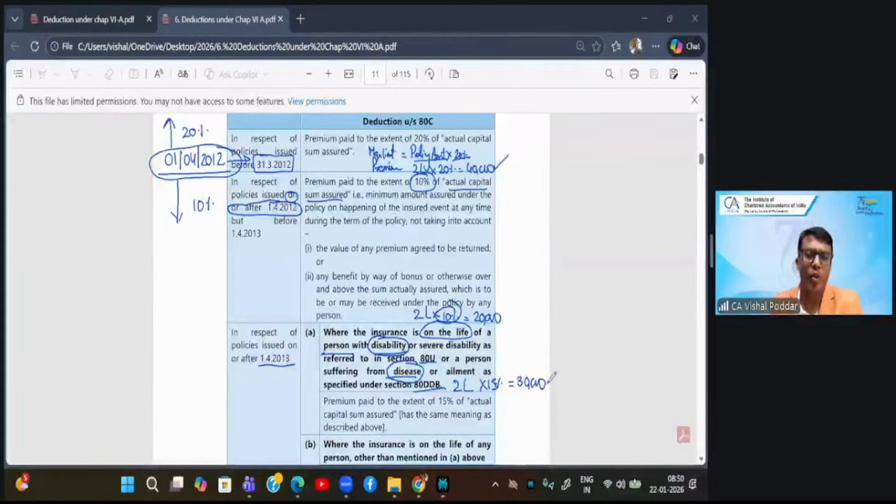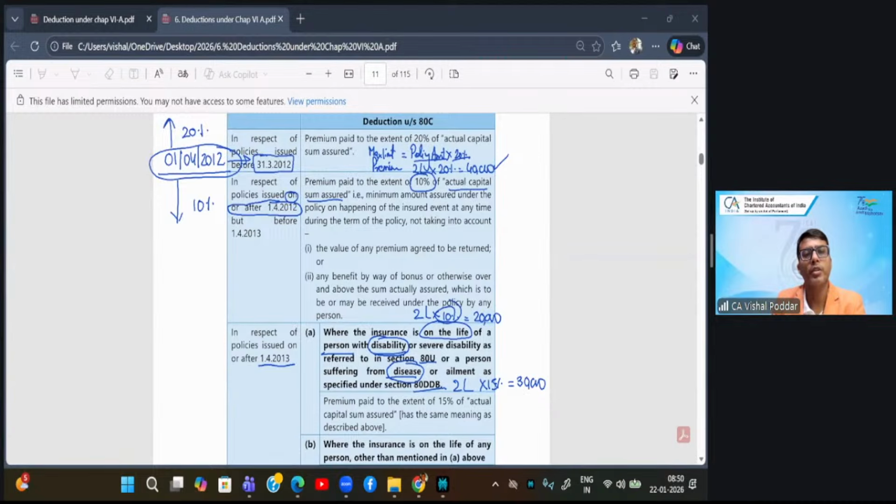So deduction is not for any other family member, even if you are taking care of them, even if they are staying with you, even if they are dependent on you, you will not get deduction for their premiums. You will get deduction only for your premiums or premiums of your spouse or premiums of your children. Even for parents, you don't get deduction. Even for brothers, sisters, you don't get deduction. Fine.